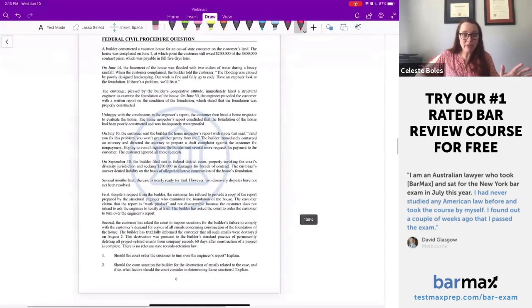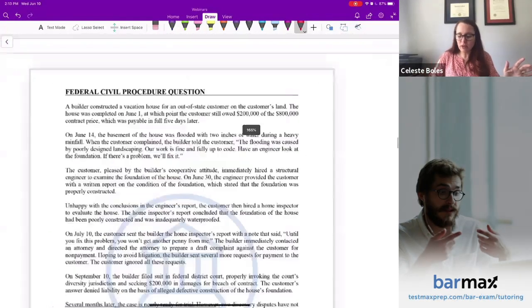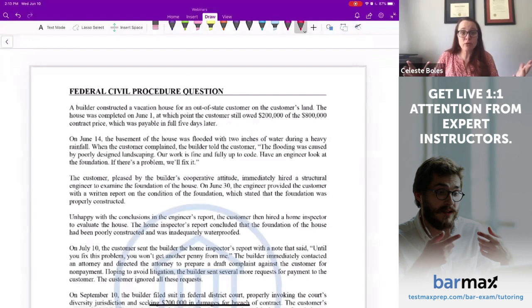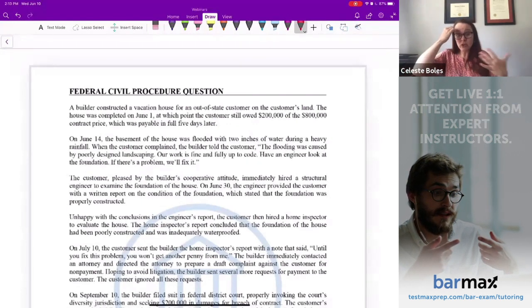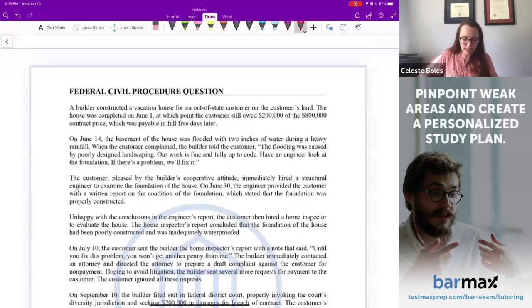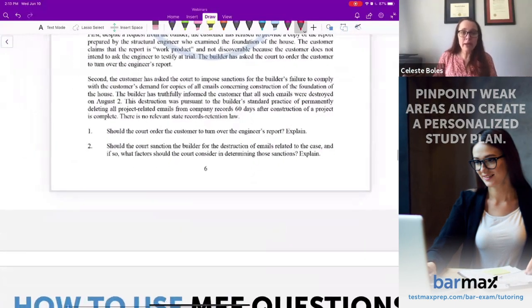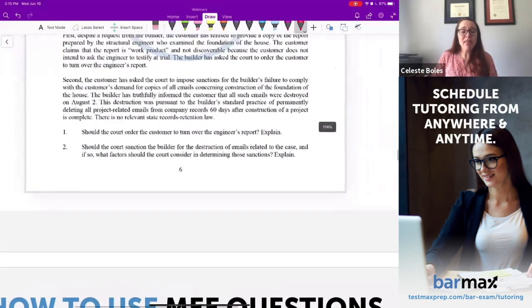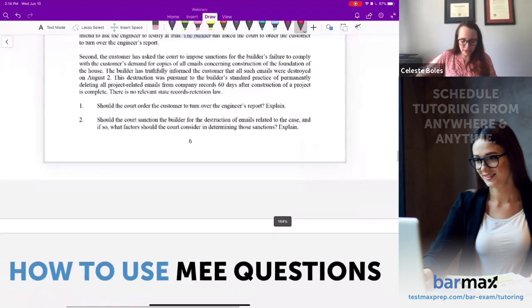I'm going to talk about this essay question in a minute, but I just want you to see what they look like, especially for those of you who are not taking the UBE and haven't looked at these MPRE, multi-state essay questions before. We get a big old fact pattern and a couple of questions. That looks familiar, right, to law students and students of the bar exam.